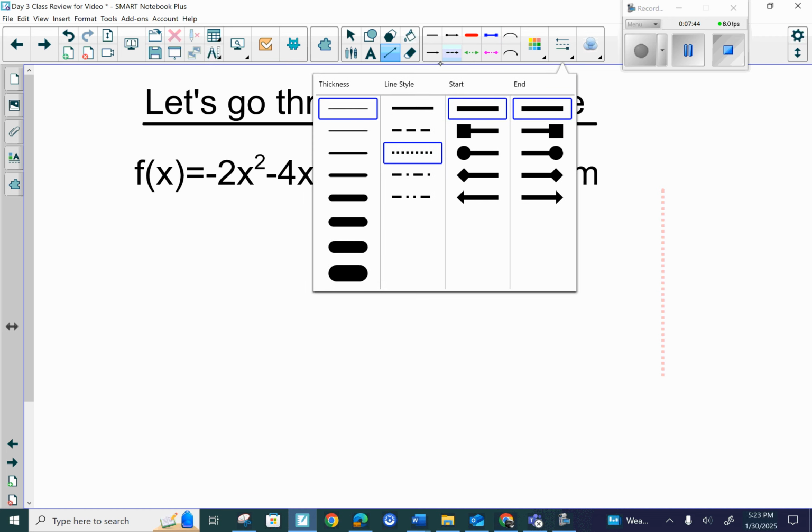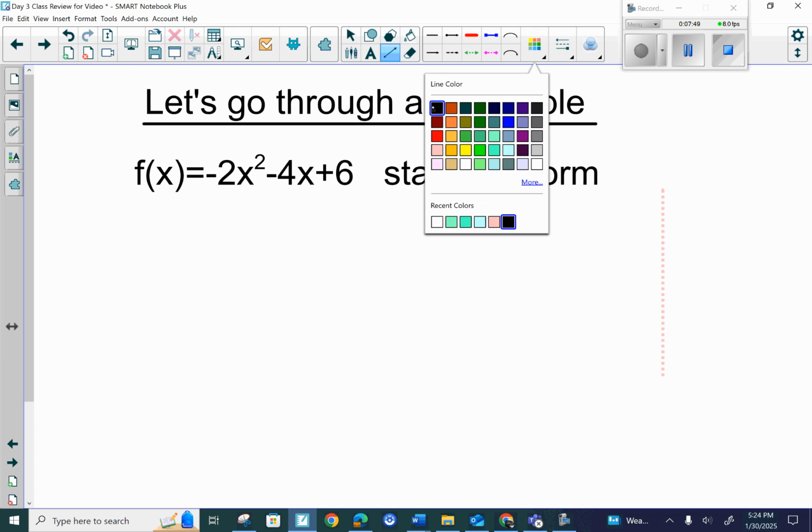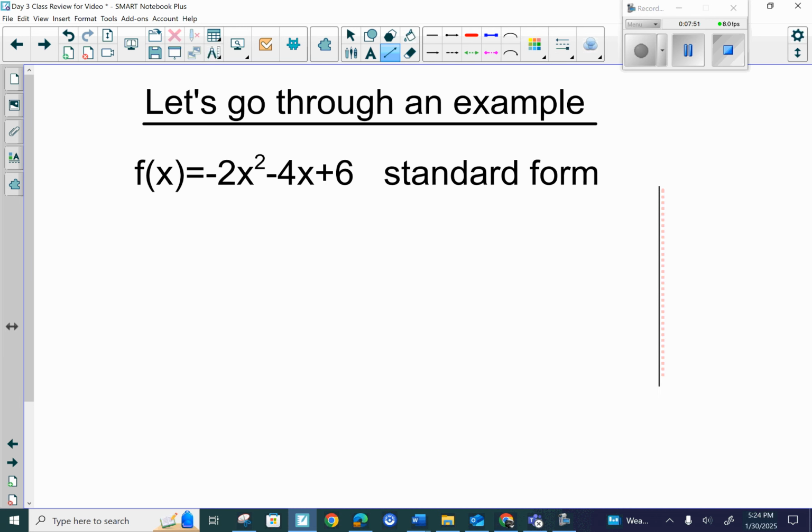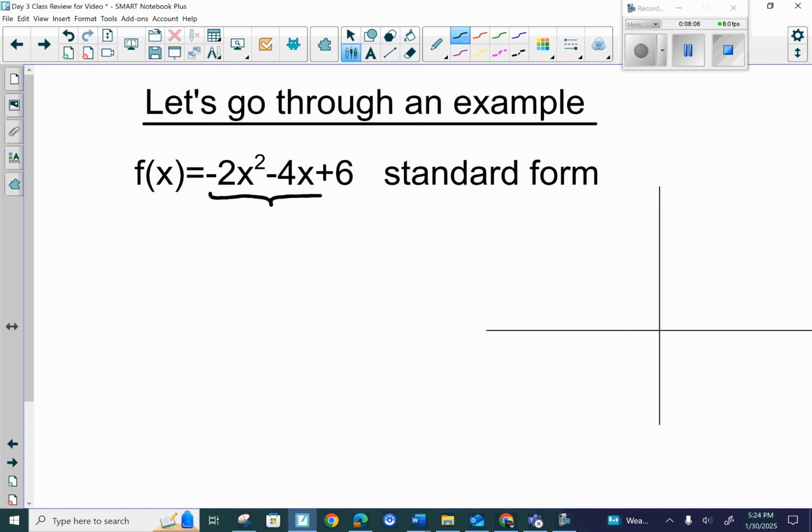Let's get that off. Line style, and we'll just use black. There we go. If we're thinking about a graph of this lovely quadratic, first of all, we know that it is a parabola because the graph of every quadratic is a parabola.